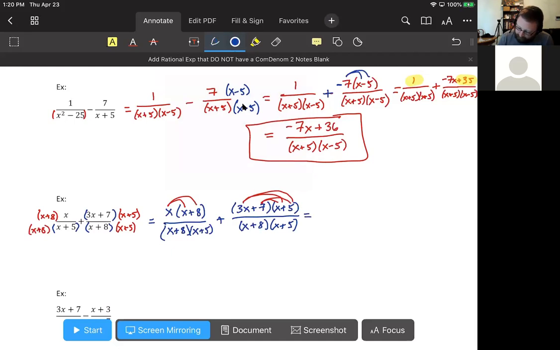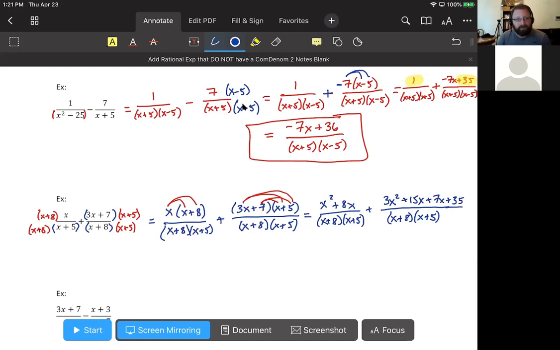So that would give us x squared plus 8x. We're going to, again, leave the denominator alone. So over x plus 8 times x plus 5 plus 3x times x is 3x squared. 3x times 5 is 15x. 7 times x is 7x. 7 times 5 is 35.